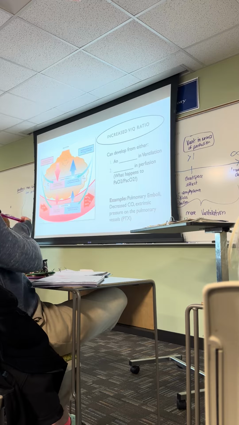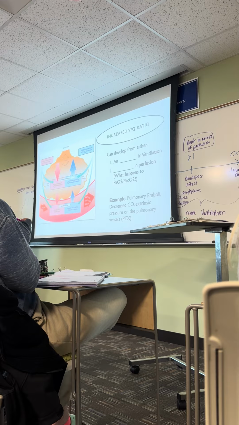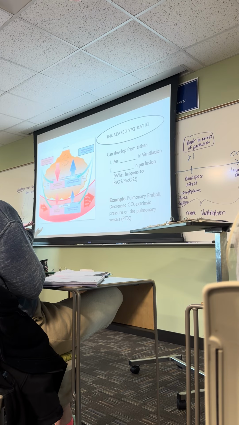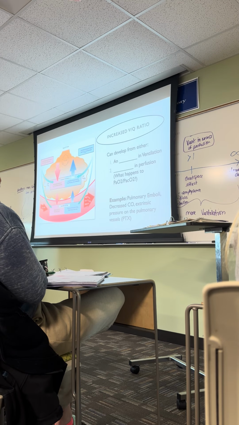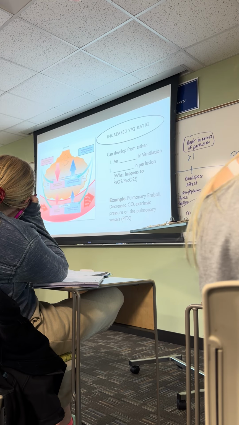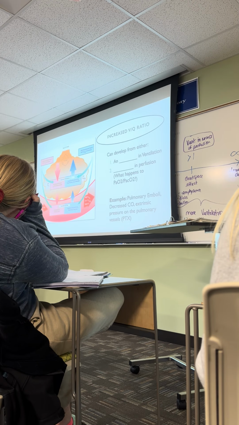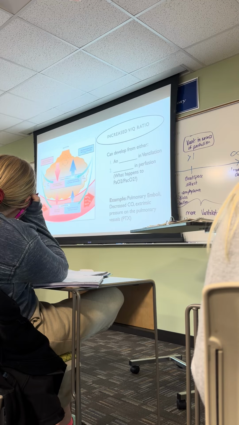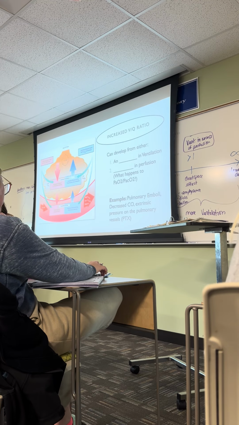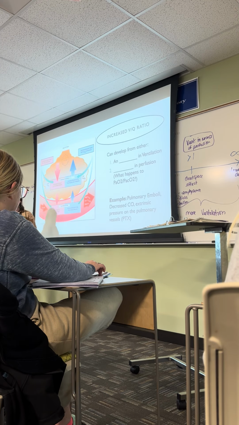Does that make sense how that's happening? So if I were to give you a different minute ventilation, and it was higher than 4, and you had the same amount of cardiac output, you're then going to have a greater than 0.8, so it's going to be greater than 1, in that dead space. Does that make sense how I'm wording that?